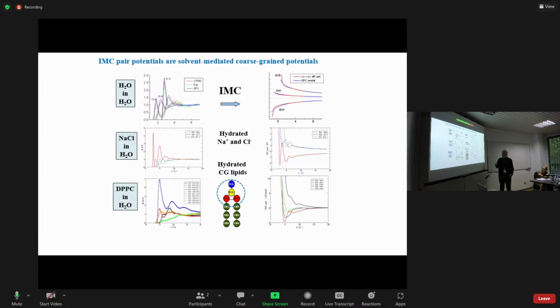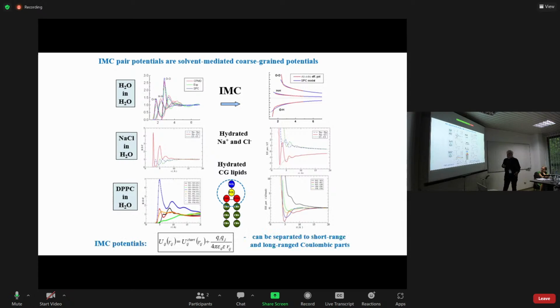Okay, so we can go to more complicated systems like phospholipids. We invert selected radial distribution functions, we get effective potentials, which we can use in coarse-grained models, and so on. You also notice that at long distances, these potentials oscillate first, but then they coincide with Coulomb's law.